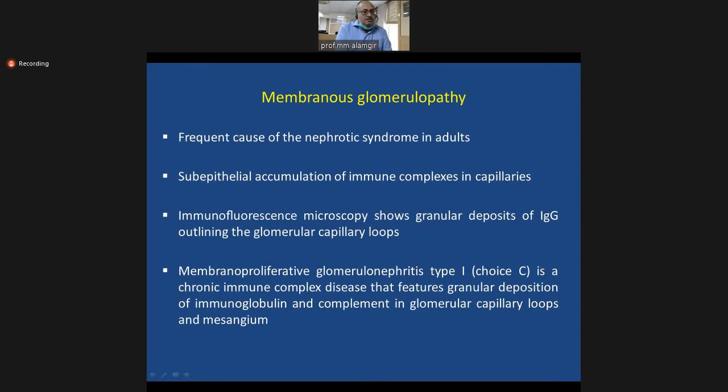What is the definition of azotemia and uremia? Azotemia is basically a rise in blood urea nitrogen. Simply that. A rise in blood urea nitrogen is called azotemia. But in the initial phases, this rise in blood urea nitrogen does not produce any clinical finding.